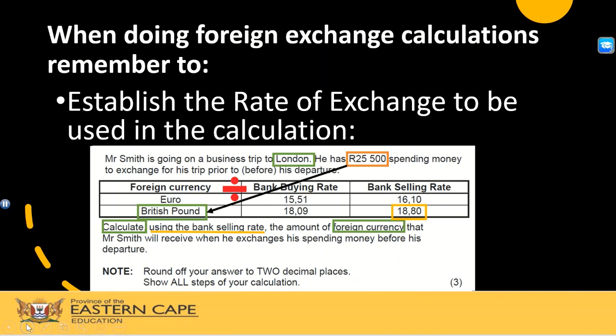So if you take a look at your table, the bank selling rate is given on the extreme right-hand side, 18.80. So you have to take 25,500 rand divided by your bank selling rate, which is 18.80.